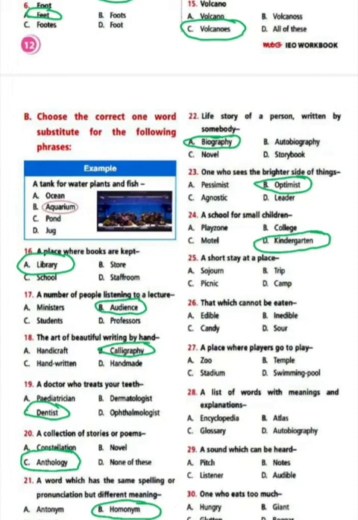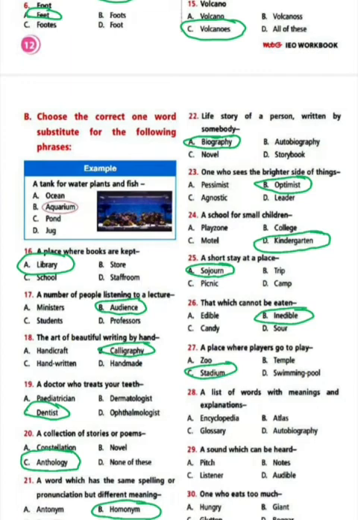It is sojourn. That which cannot be eaten, inedible. Option A, edible, means which can be eaten, but B is inedible, means which cannot be eaten. Next is 27, a place where players go to play: zoo, stadium, temple, swimming pool. So it will be stadium.